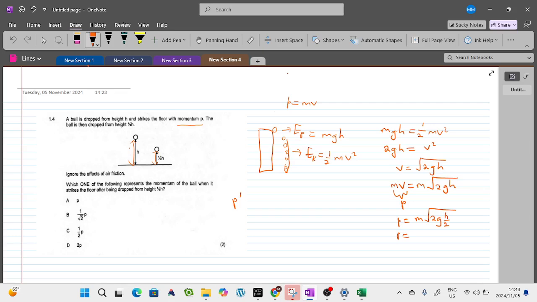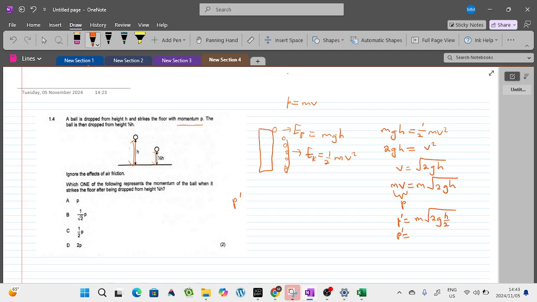Since now the height has changed, it's no longer the momentum of this ball at this point. It's the momentum of this ball, so I need to represent this momentum with p prime, because it's this ball which is dropped at a height of half h.